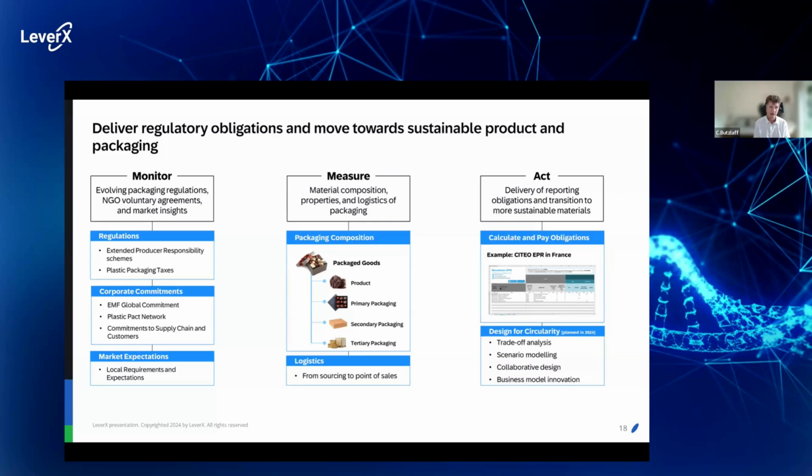And then what are the changes to these regulations so that we can always be up to date with the latest requirements. So it's important that we measure all the packaging composition from the primary to the tertiary packaging, have a full understanding of the corresponding materials included in there so that we can bring that into the reports.